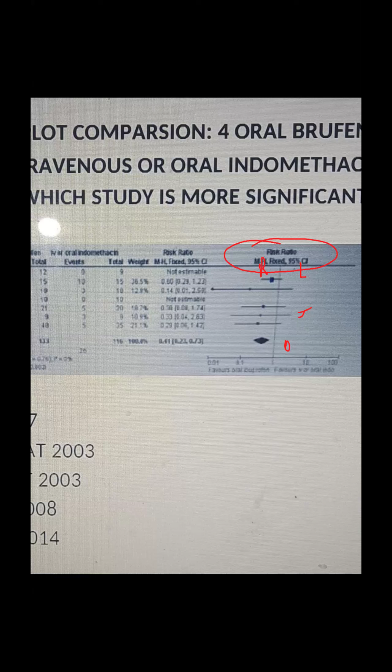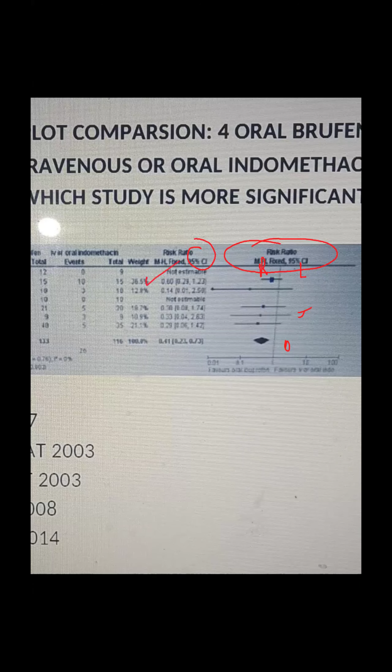If they are crossing the midline, definitely they would not be that significant. And the confidence interval range also gives you the answer: if the interval contains 1, that means that study is not significant.